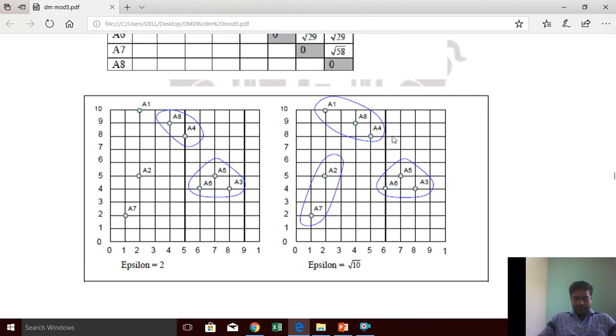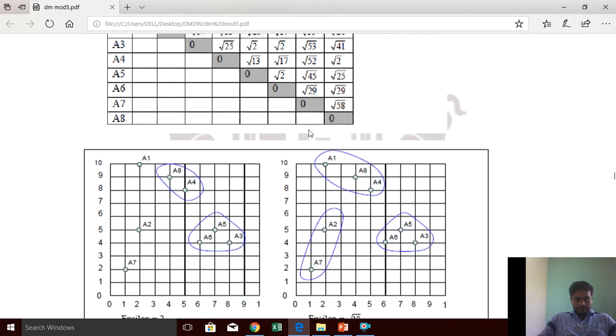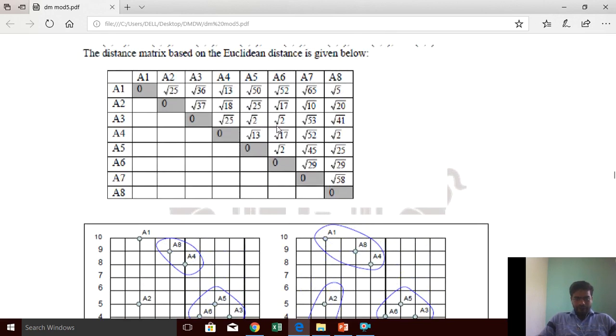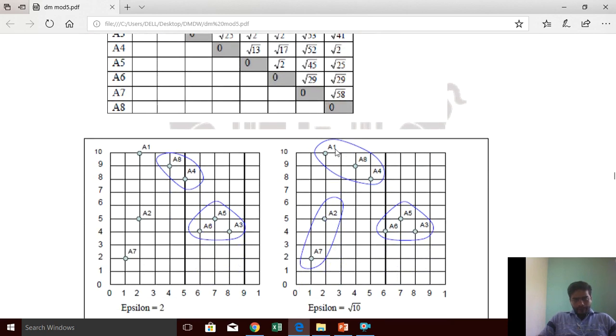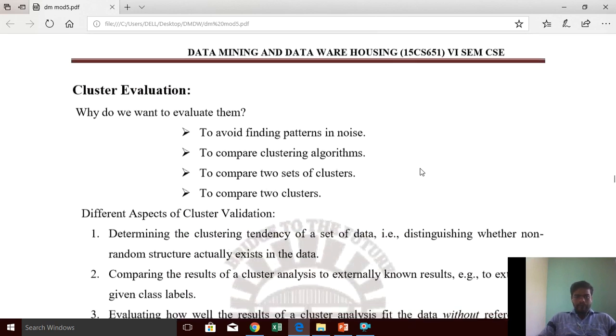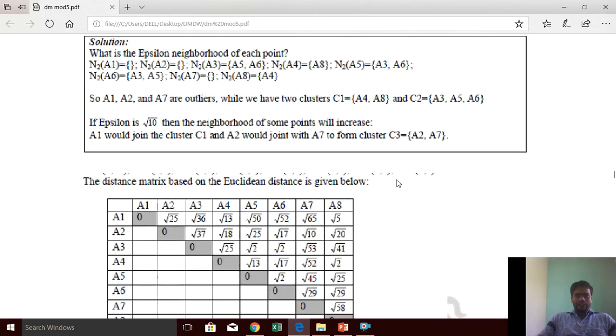Similar to what I did for root 2, if you scan for root 10, A1, A8 and A4 will come into one cluster, A2 and A7 will come into a second cluster, and A3, A5 and A6 will come into a third cluster. So this is an example of how the DBSCAN algorithm works.